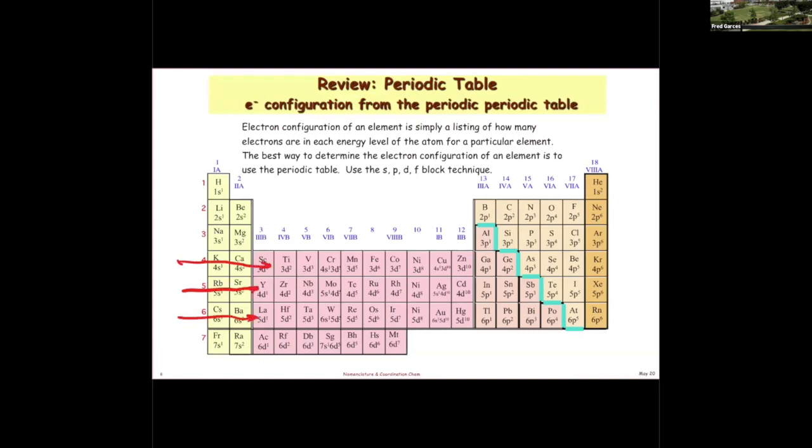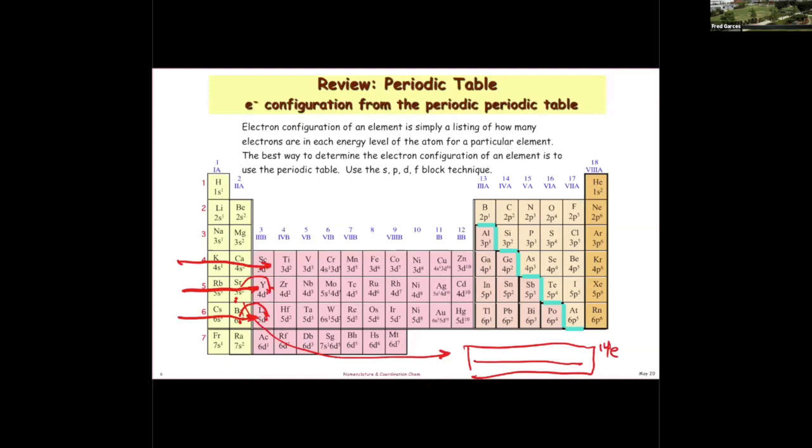But if you go from strontium to yttrium or barium to lanthanum, you have to go through the lanthanide series that are below the periodic table. What you see is that you have to put in 14 electrons as you jump from barium to lanthanum. But that also means that you put in 14 protons.